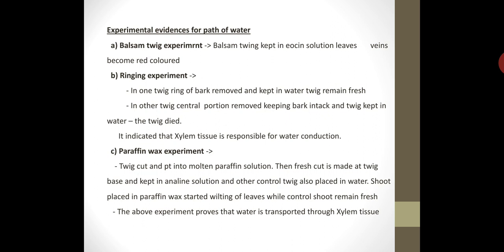So what it indicates is that due to the blockage of xylem tissue by paraffin, water was not conducted and this was responsible for wilting of the twig. Thus, these experiments prove that water is transported through the xylem tissue, not through the phloem.